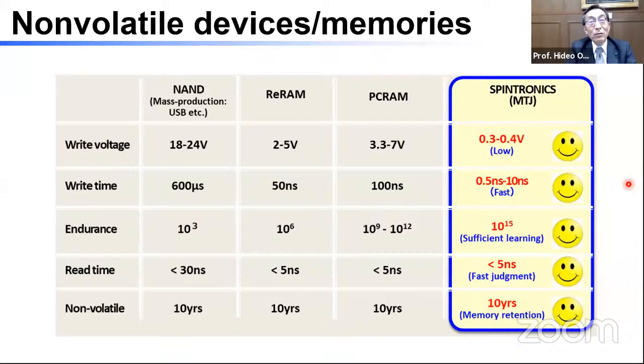We actually do have a very good non-volatile memory on the leftmost column, which is NAND flash memory. We all have NAND flash memory in our cell phone, or USB memory, or in our computers. As you can see, good NAND memory gives you a very cost-effective, inexpensive bit.